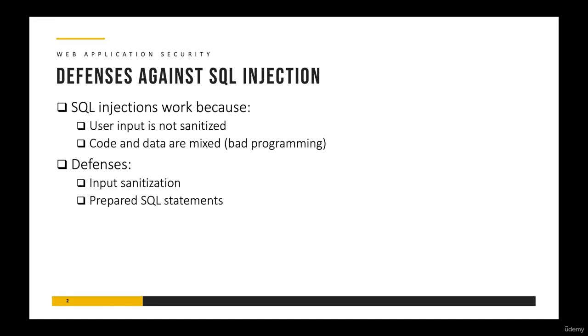The basic idea is that instead of mixing code and data, we separate the SQL query from the data and pass these two separately to the backend database. The third solution is WAFs, web application firewalls. WAFs are pretty good at stopping several different types of attacks, including malware and SQL injection attacks. We are now going to discuss each of these solutions in more detail.